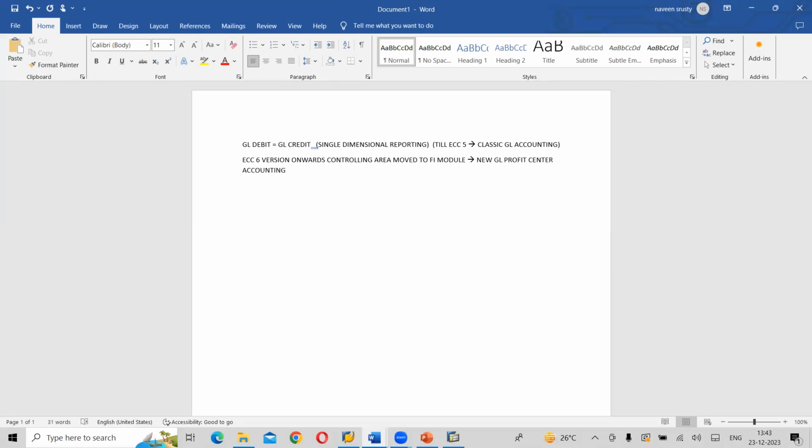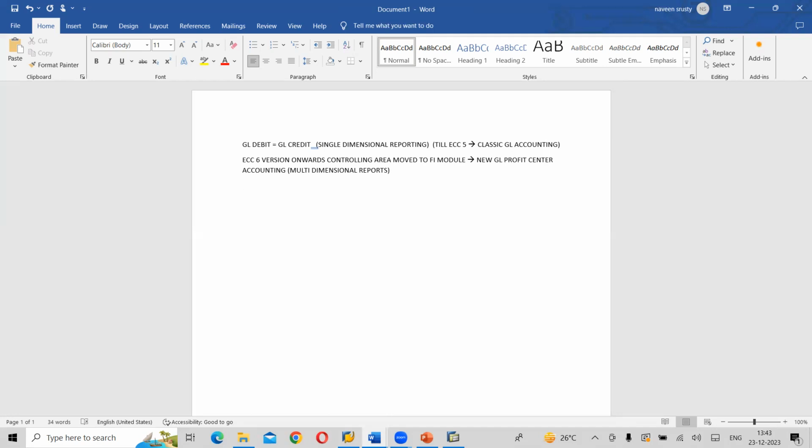New GL profit center accounting. So what happens with this is it helps in generating multi-dimensional reports. With this small movement, it impacted a lot for the client businesses, client software. So multi-dimensional reports.